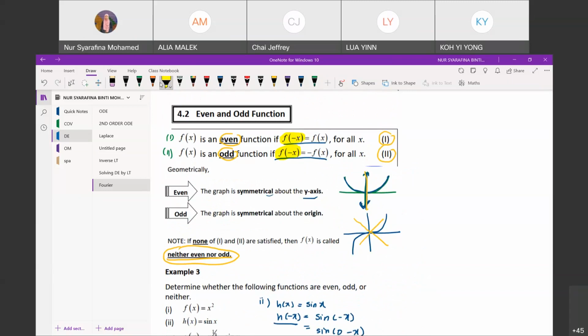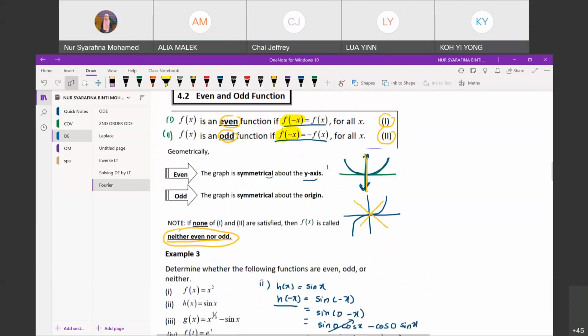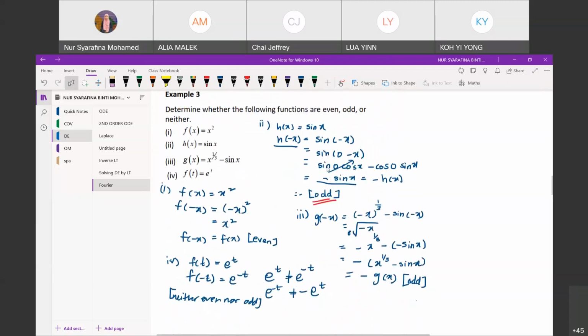If you get f(x) again, then it is even. If you get -f(x), then it is odd. Now for f(x) equals x squared, when you substitute negative x, then (-x) squared becomes x squared. Then f(-x) is f(x), so we say that the function is an even function.